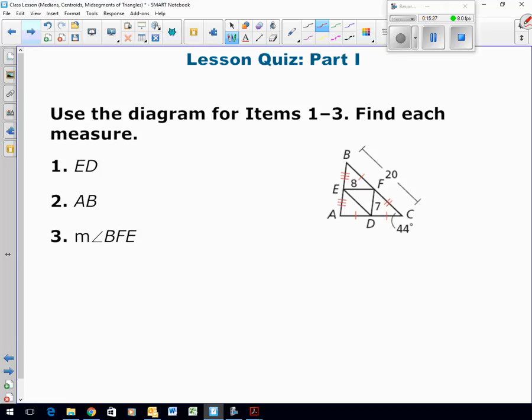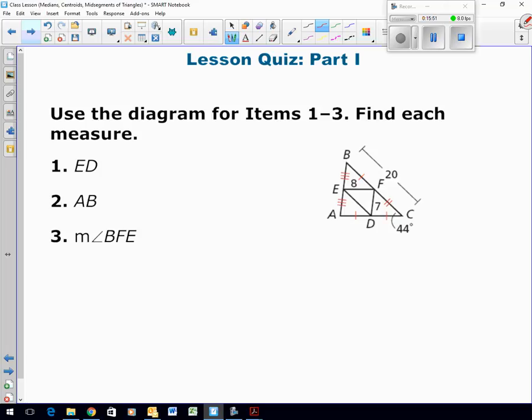Use the diagram to find each measure. Look at it. Is E the midpoint of BA? Is F the midpoint of BC? There should be two there. Is D the midpoint of AC? Okay, so I've got three midpoints. They're connected. Those are called mid-segments.